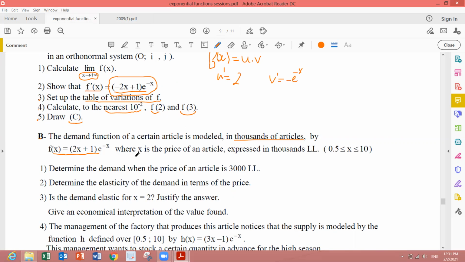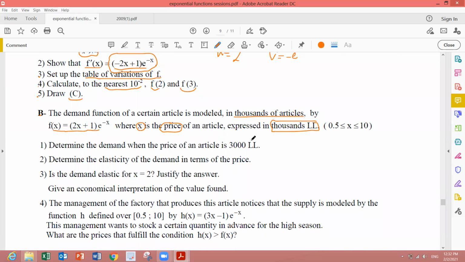This is the demand. Well, x is the price of an article expressed in thousands of Lebanese lira. So the price is in thousands and the demand is in thousands of articles.